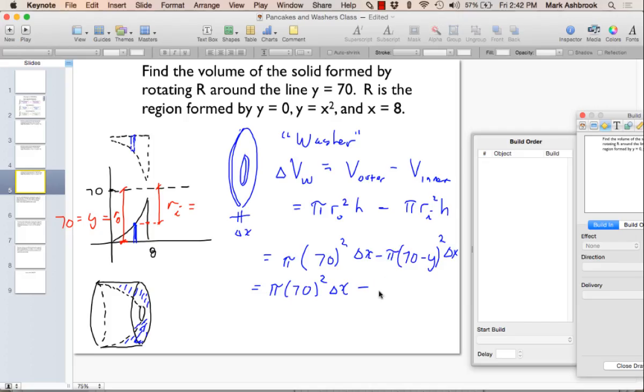So we need pi there, that's right. Pi times 70 minus y, which is just x squared, squared delta x, and that's the volume of our typical element.